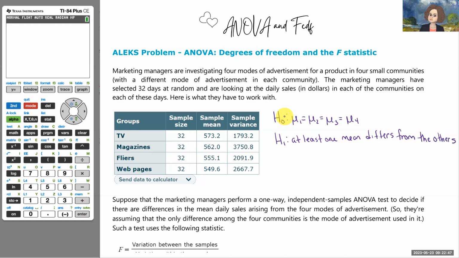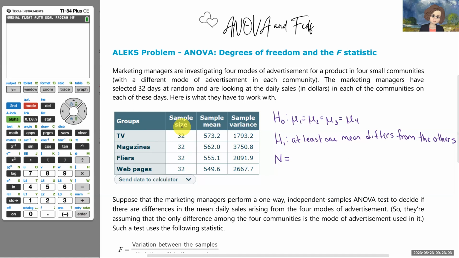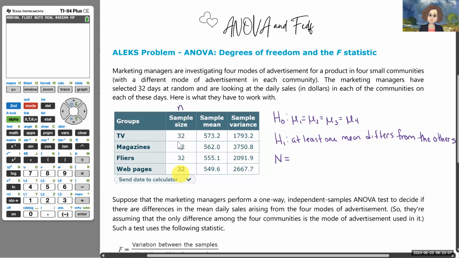All right, and let me get some of our variables here. So capital N is the grand total number of observations. So coming over to my sample sizes, sample size doesn't have to be the same for each of the populations under consideration, but in this case, they are each 32. So lowercase n would be the values for the individual modes of advertisement.